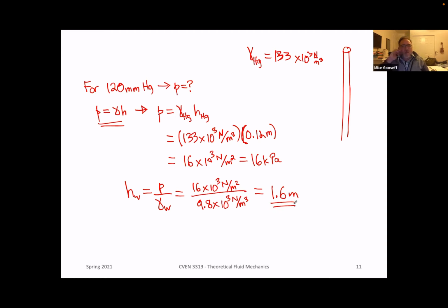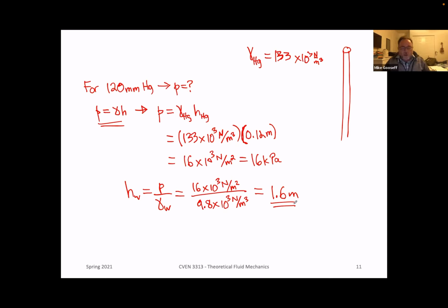If we were to use water, our manometer, instead of being several centimeters, well, what was it, 12 centimeters, maybe being 20 or so, I don't know how much we'd expect on the high end, but certainly it would have to be a little bit bigger than 12 centimeters or 120 millimeters. Now I would need 1.6 meters of height if I used water instead.